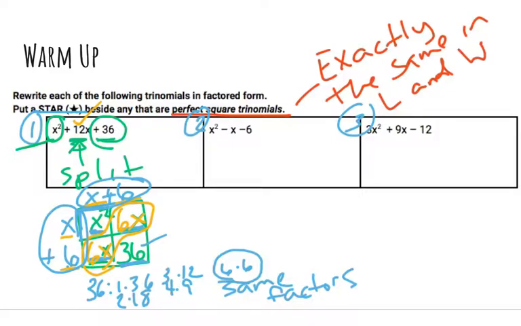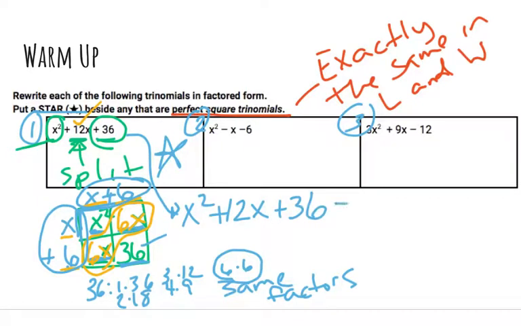They've got to be the same. So I'm going to put a huge big star there. And my factors, Miss Krim is always running out of room. My factors of, if I rewrite x squared plus 12x plus 36 in factored form, that would be equivalent to x plus 6 times x plus 6, all right?